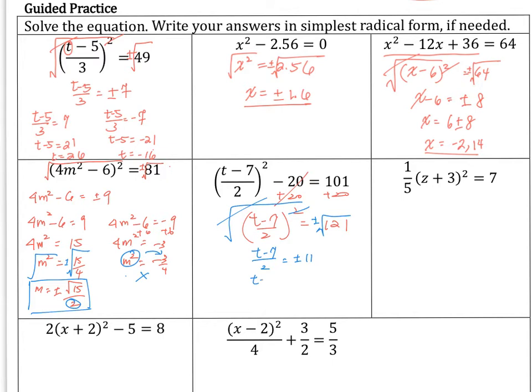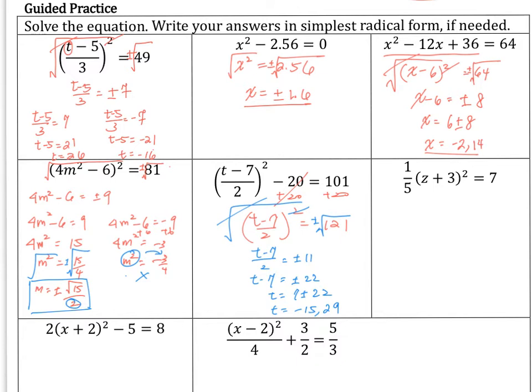So this will be t minus 7 equals positive or negative 22. We have two possible answers. t equals 7 plus or minus 22. So t is either negative 15 or positive 29.